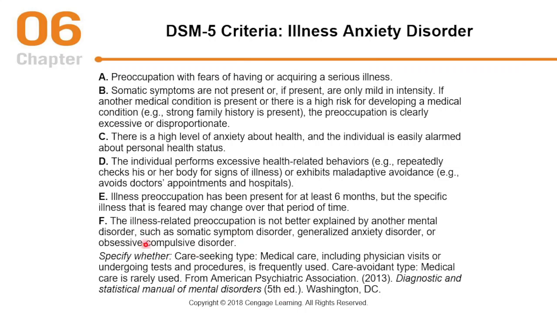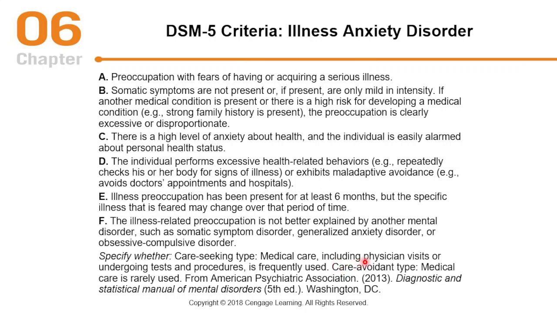As with specifiers, there are several ways we can specify the condition. Specify if it's care-seeking type, meaning to say the person always visits the hospital and always goes through procedures, lab procedures and tests, or also always consulting with his doctor.